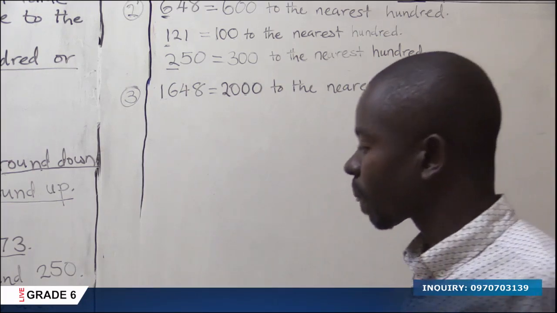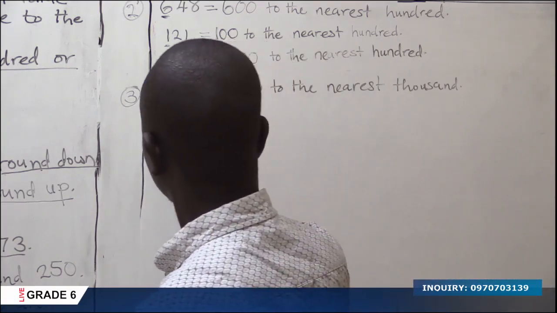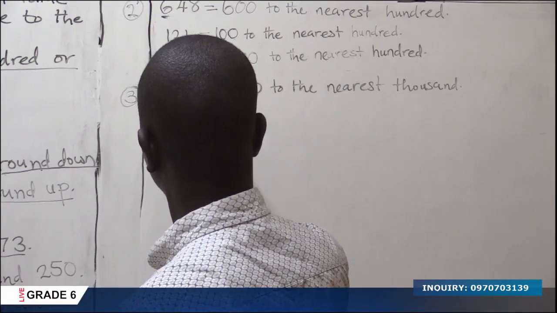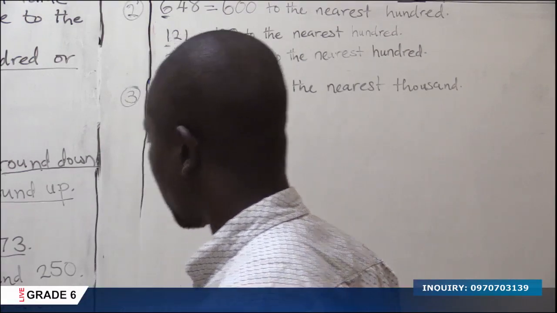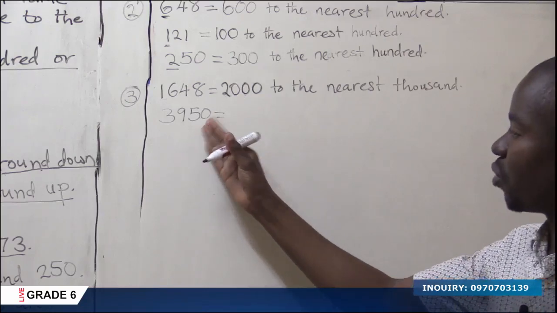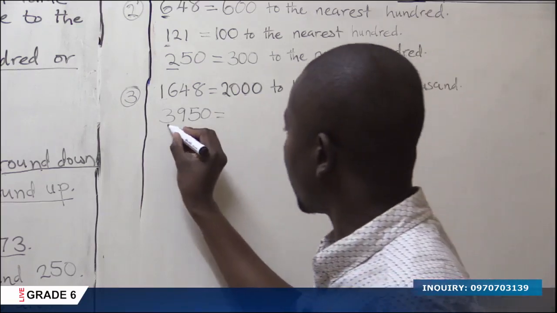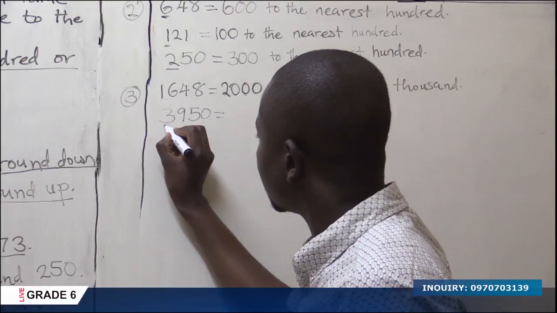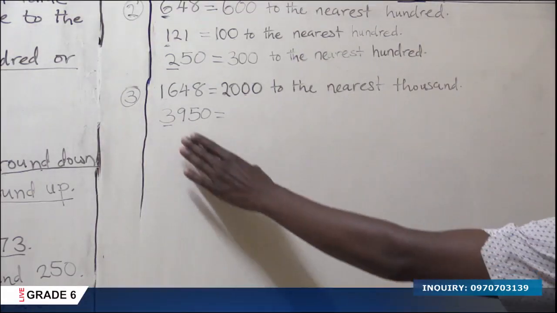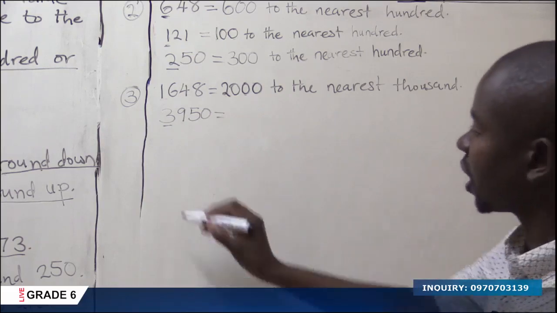Let's round off 3,950 to the nearest 1,000. The number that is in the 1,000th position is 3. So check the next number.